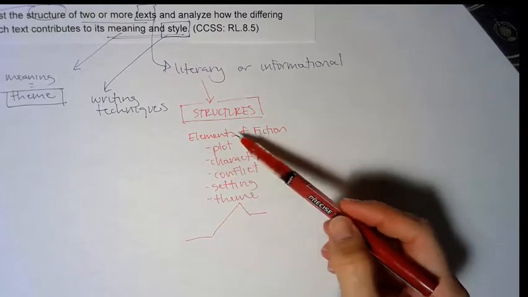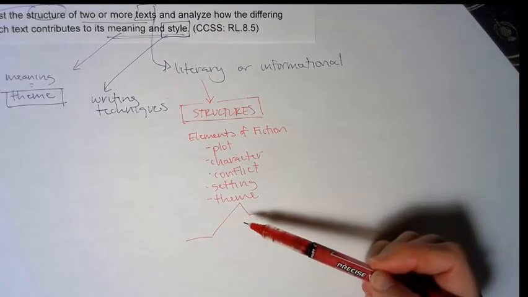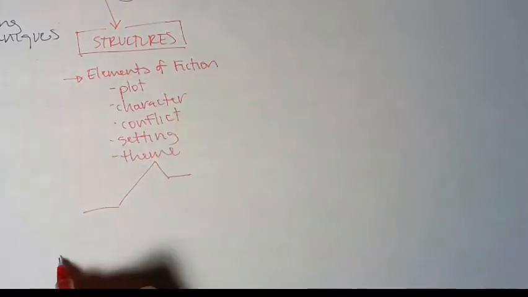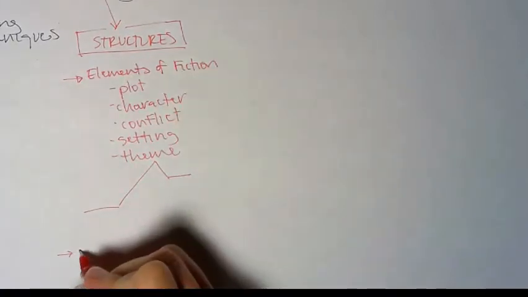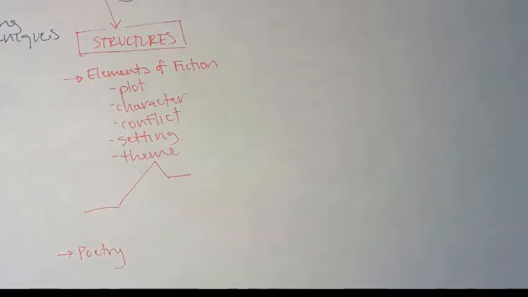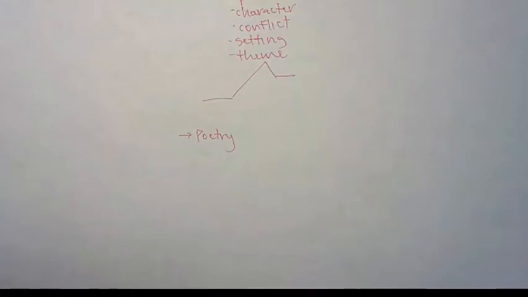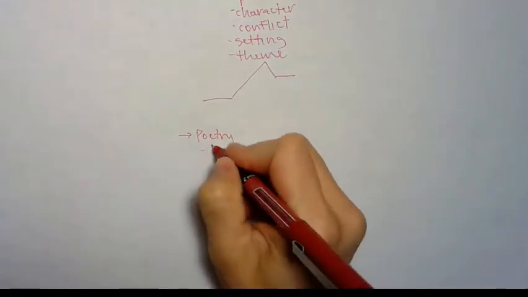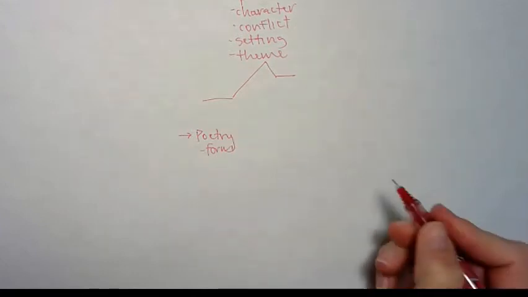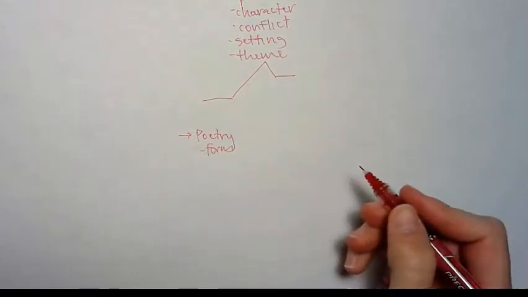The structure then is made up of these things. For example, right? That's in fiction, right? But you've also got poetry. And with poetry, you have form. So is it a sonnet? Is it a villanelle? Is it an ode? What kind of poem is it?